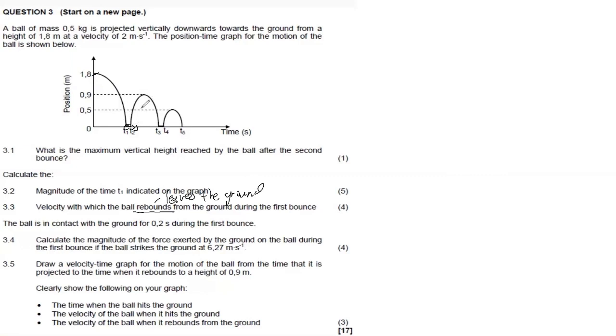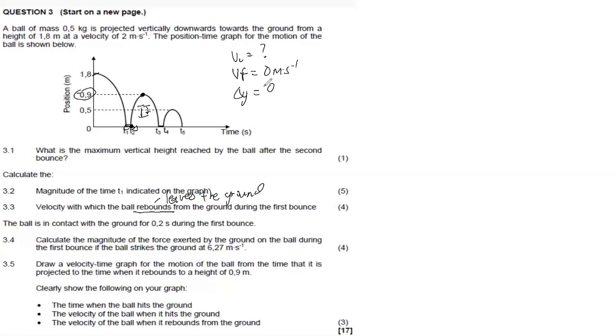So we are calculating the velocity with which the ball leaves the ground, right? So that means if we have to consider part number 2 here, going all the way from the ground to the maximum height, then we would say that our V initially, that's what we are looking for. But the V finally is 0 meters per second, since when the ball rebounds, it reaches the maximum height. But then looking at this, we can see that we are given that the maximum height there is 0.9.